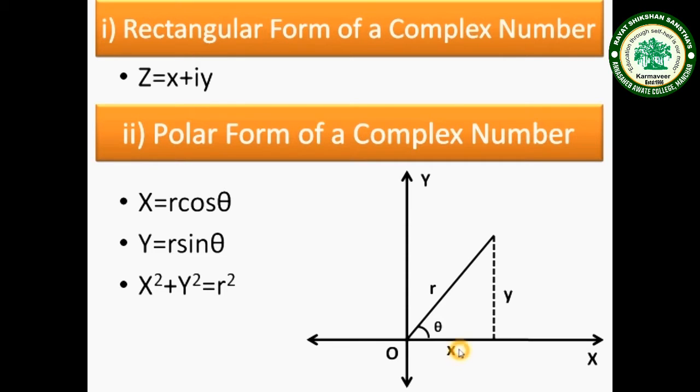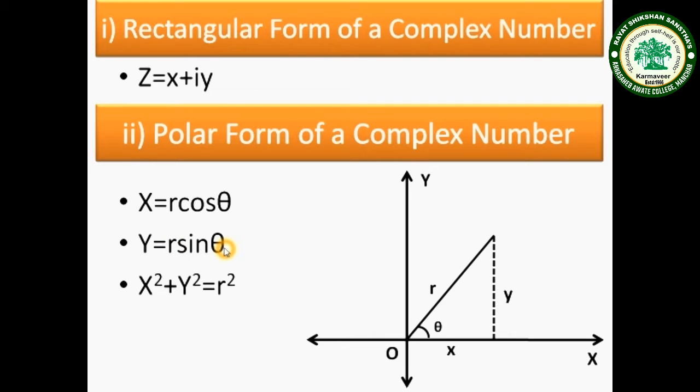So let us try to represent the x and y components by taking the help of r and theta, because in the polar form of a complex number, r and theta play the important role. The x component of this particular number is r cos theta, and the y component, that is y, is r sin theta.